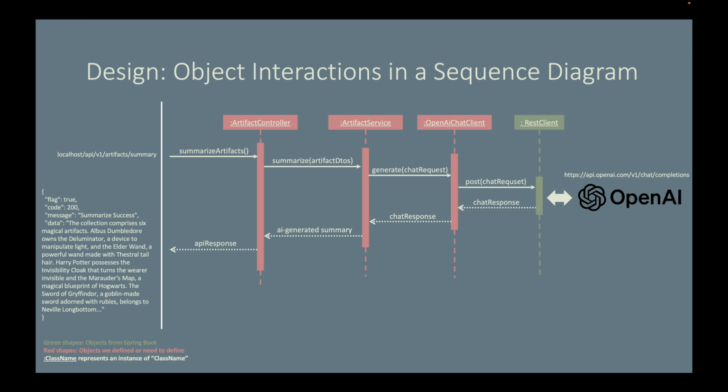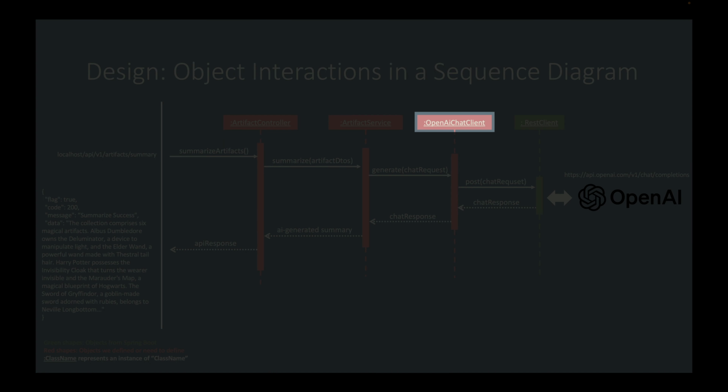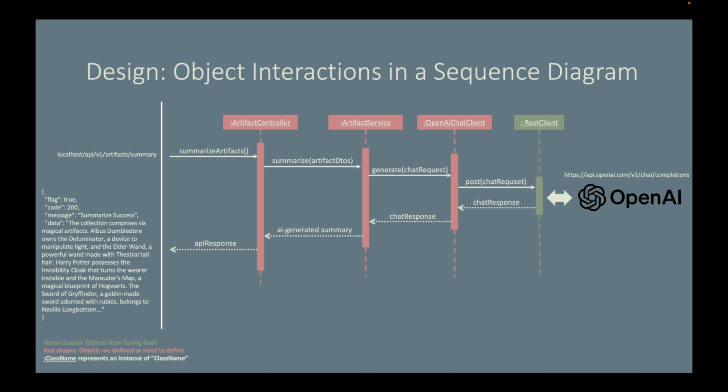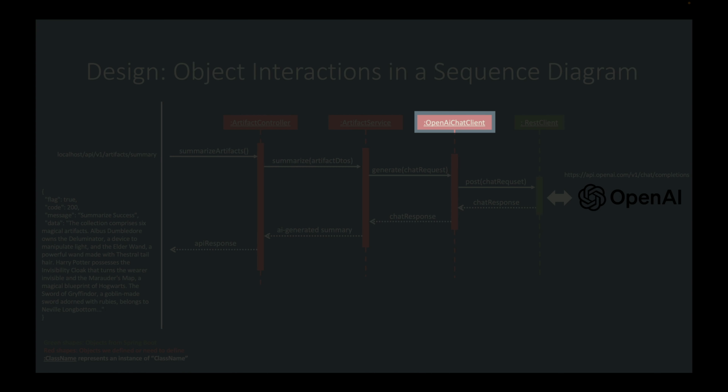But here, I want to clarify the term client in the OpenAI ChatClient class. This is a naming convention when a Spring Boot application is invoking an external service. So, external service name, client. The term client here indicates that this object is responsible for interacting with external services or APIs.